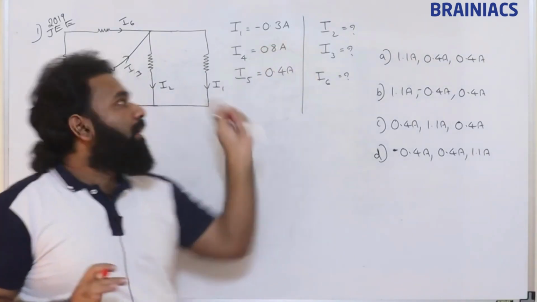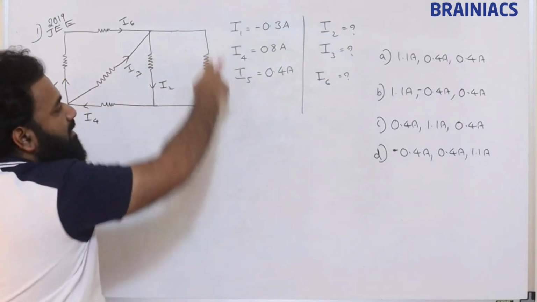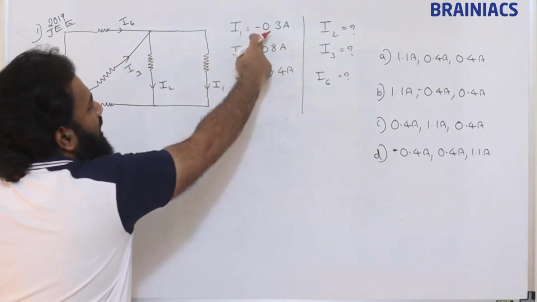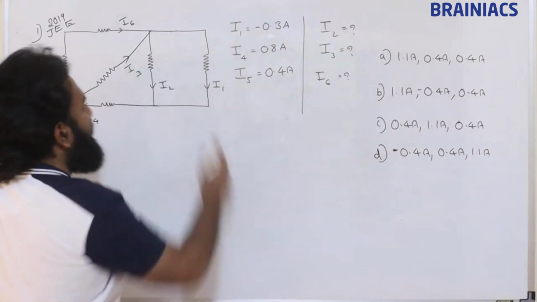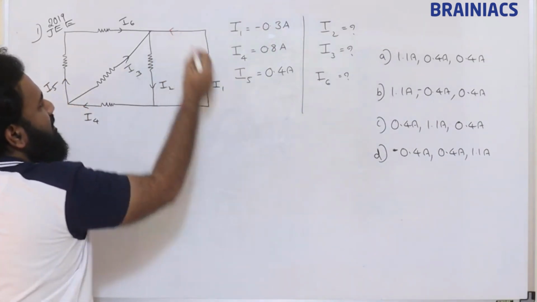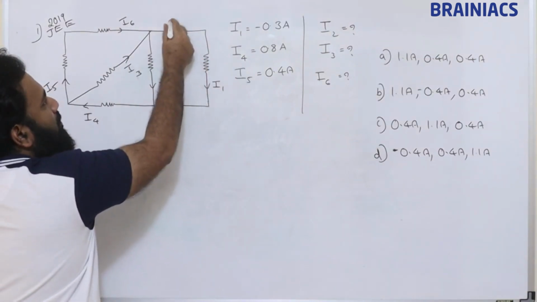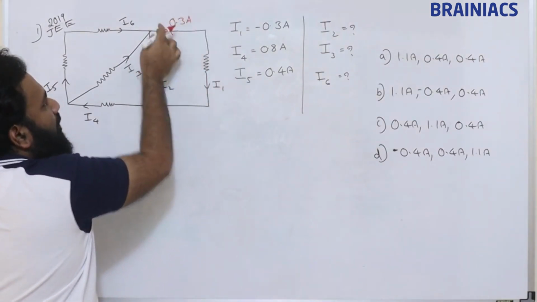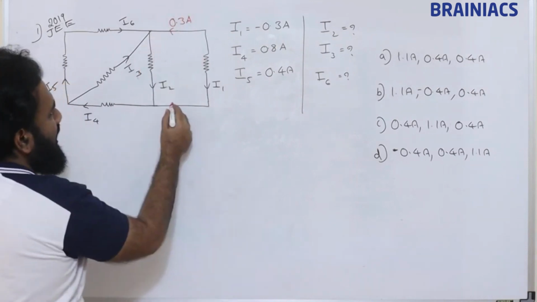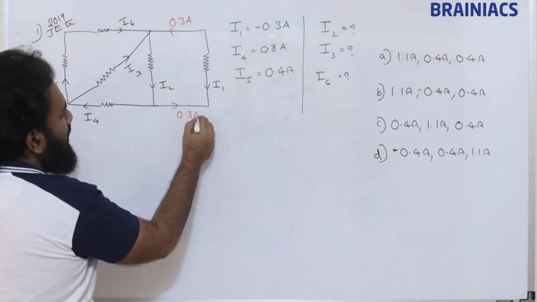Here I1 is given in this direction, and they have given a negative. So the first thing we need to understand is the real direction will be opposite to the given. So 0.3 ampere will be flowing in this way.